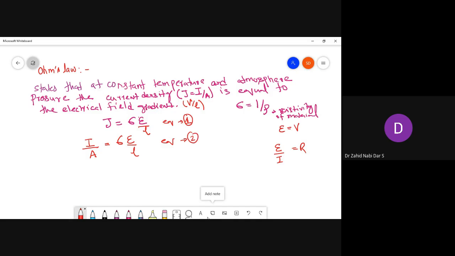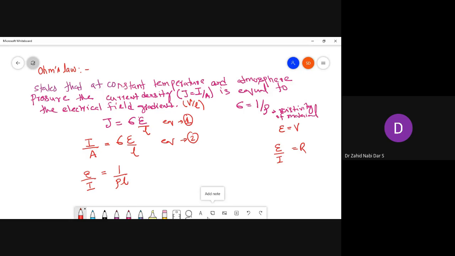Equation 2. Now how do you express this? You can write this in terms of quantities, cross multiply it. This will become E by I, here is E, here is I, is equal to 1 by rho L, because sigma is 1 by rho L, and this E by I is equal to this.